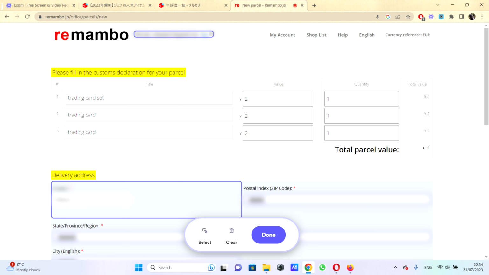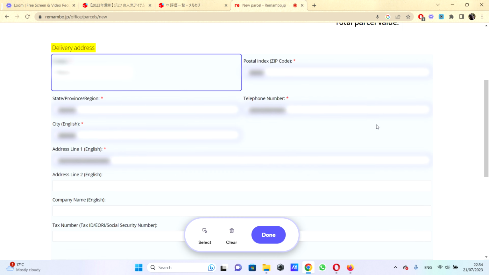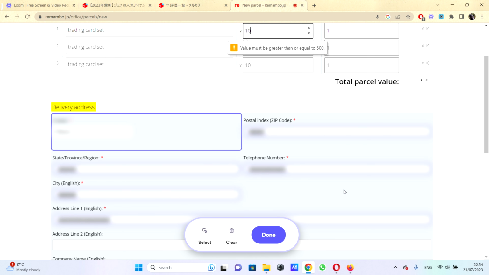You can just put in that they're all sets, it doesn't really matter, and then you can choose the value and the quantity, and like I said, it shows the total value. So let's just go crazy and put in 10 for everything. Great, then your total parcel value, what will be declared to customs, is 30 yen, which is nothing, cents. So let's do that and click next.